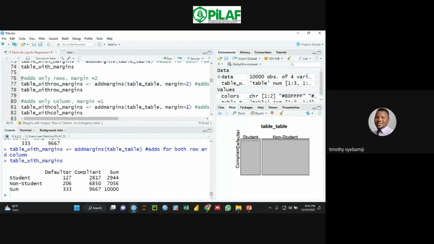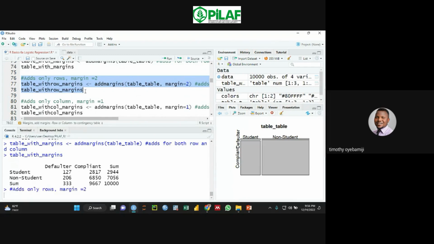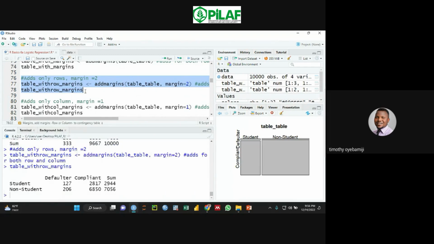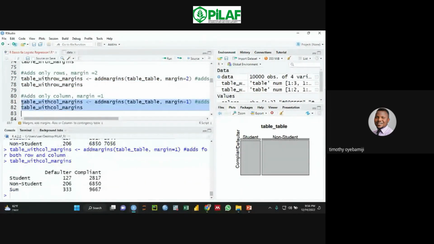So let's see what I'm saying. Ordinary addmargins adds for both row and column, while margin equals 2 limits it to only row sums, while margin equals 1 limits it to column sums. And see, this has the column sum and the other one has the row sum.